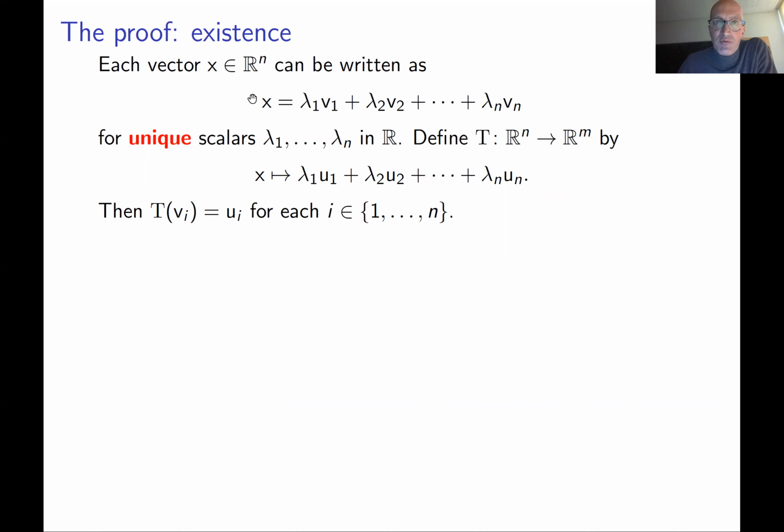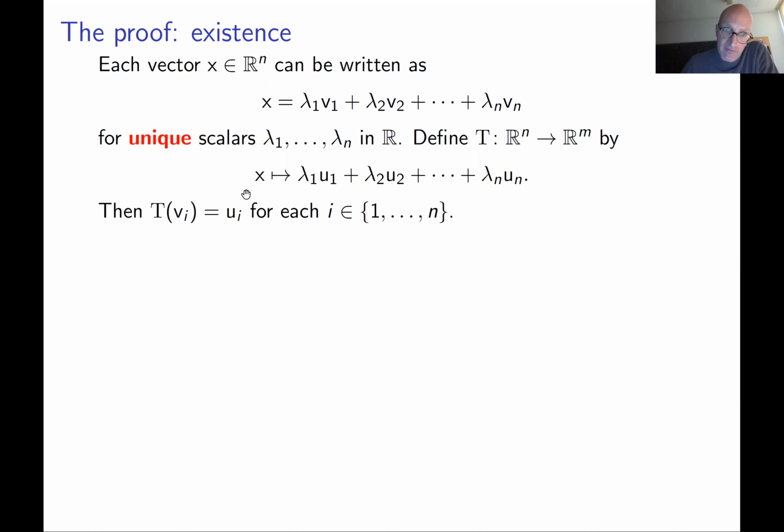So clearly, the condition of the proposition is satisfied. If you substitute v1 instead of x, you get v1 equals 1 times v1 plus 0 times v2 plus ... plus 0 times vn. Then by our definition, v1 is mapped to 1 times u1 plus 0 times u2 plus ... plus 0 times un, which is nothing but u1.